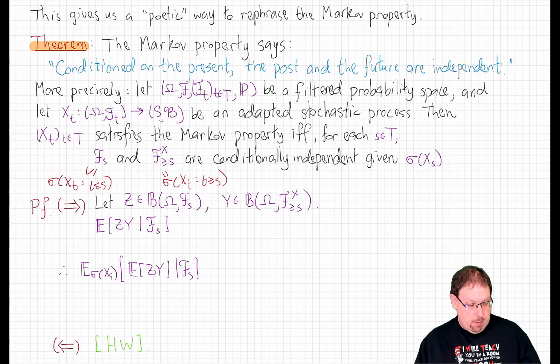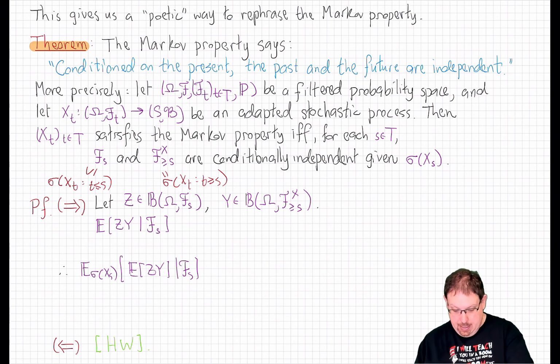First, let's suppose that the Markov property holds. Then if I take any bounded measurable function of the past, Z, and any bounded measurable function of the future, Y, and take the conditional expectation of Z times Y given F_s, well, Z is measurable with respect to F_s, and so by the product rule, this is Z times the conditional expectation of Y given F_s.